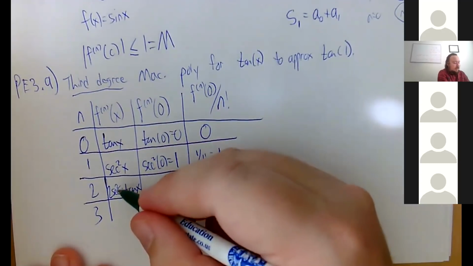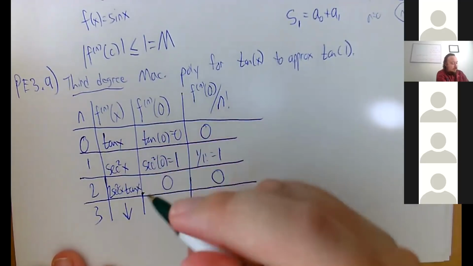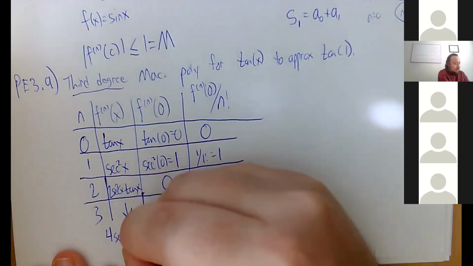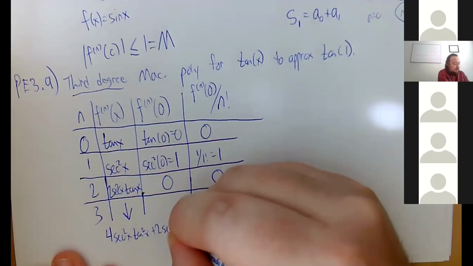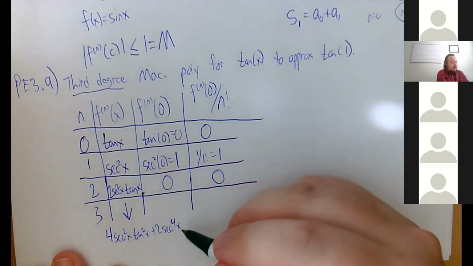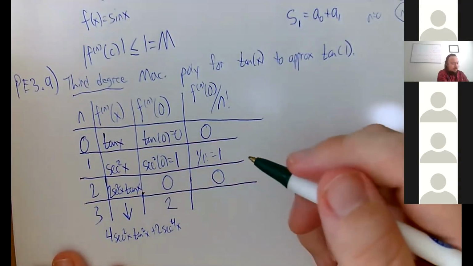All right, and then finally, I need to take my derivative of this. Let's see here. If I use the product rule for that, I have 4 secant squared of x tangent squared of x plus 2 secant to the 4th of x like that. And when I plug in my 0 for this, it's going to give me 2 right here.